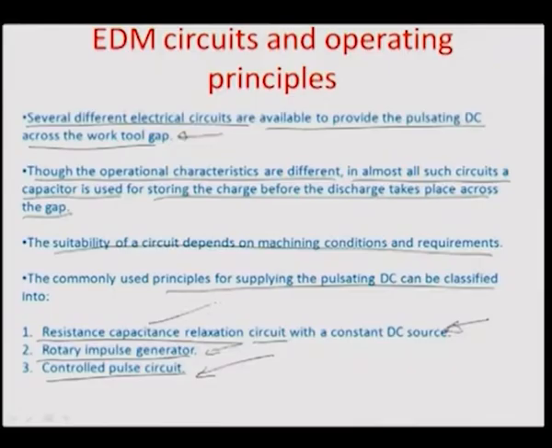So, in a predictable manner we remove material by fixing the various voltage-current relationships that we are providing on one side. Power is VI, as we know, in order to remove some material per unit time on the other side. So, let us actually look at the first basic such circuit, that is the resistance capacitance relaxation circuit.